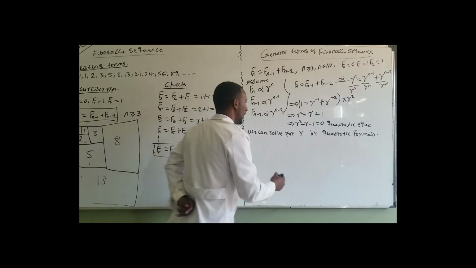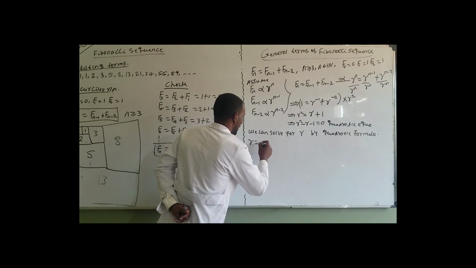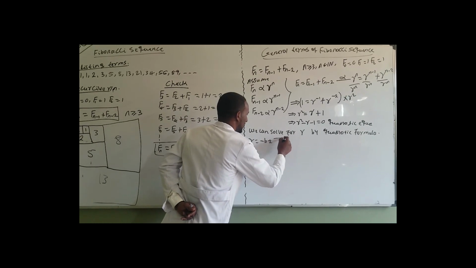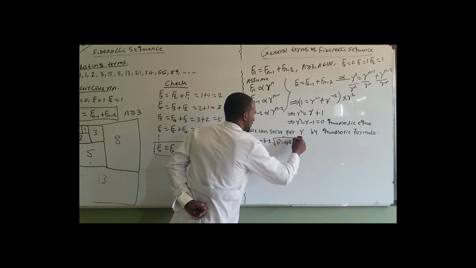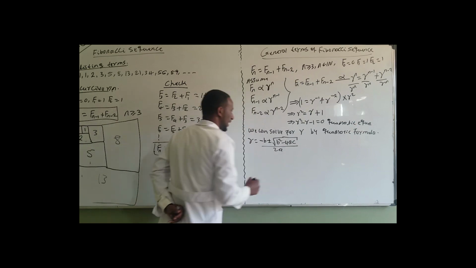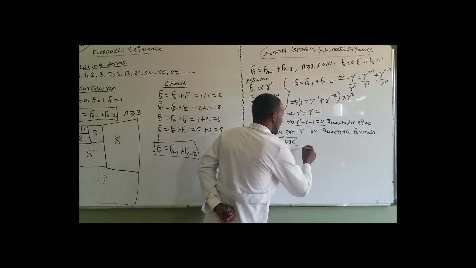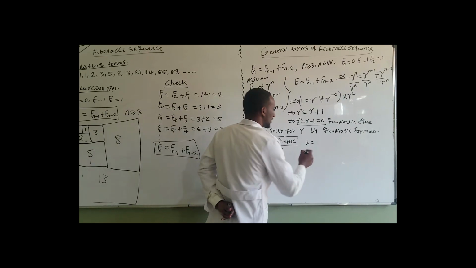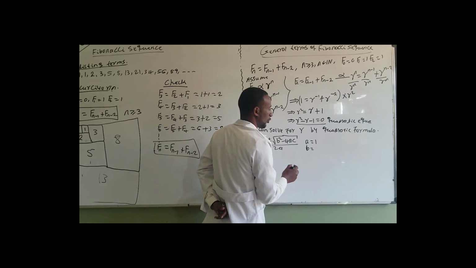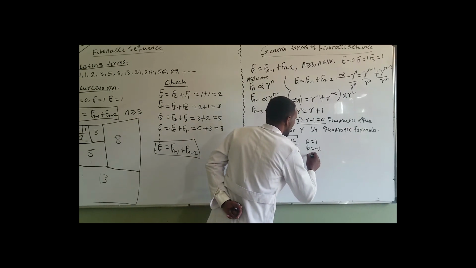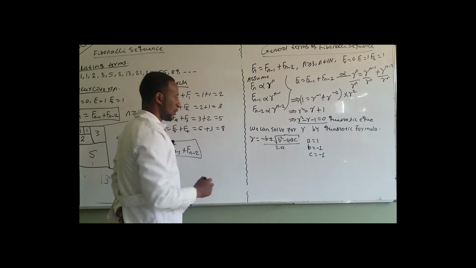By the quadratic formula, r is equal to minus b plus or minus the square root of b squared minus 4ac, over 2a. In this quadratic equation, a is the coefficient of r squared, which is 1. b is the coefficient of r, which is minus 1. c is the constant, which is equal to minus 1.